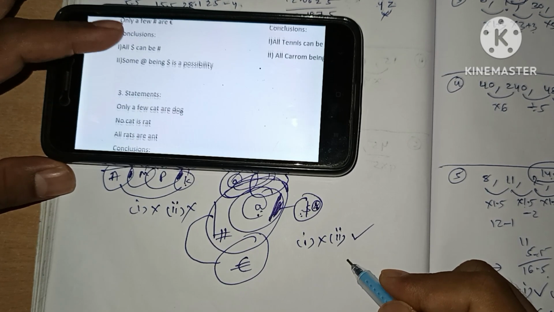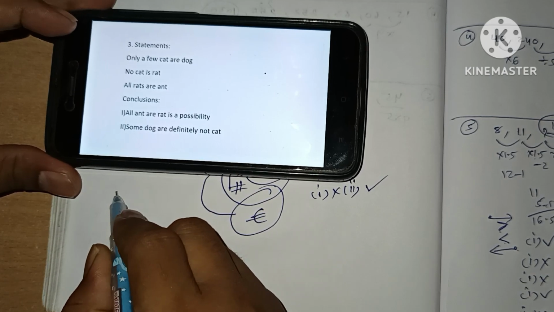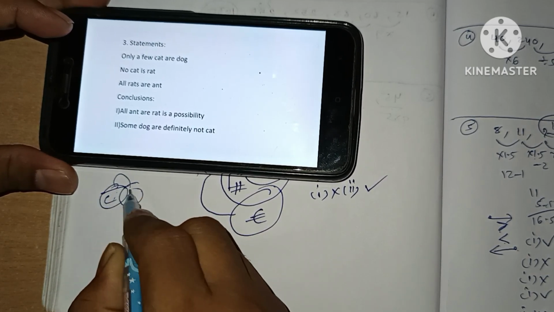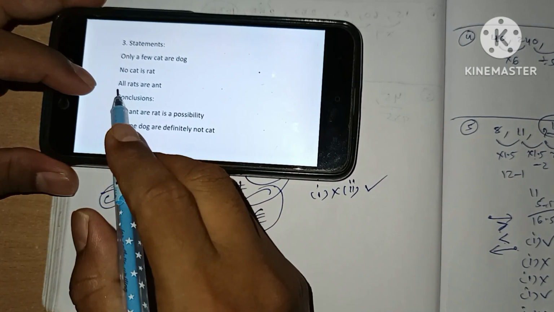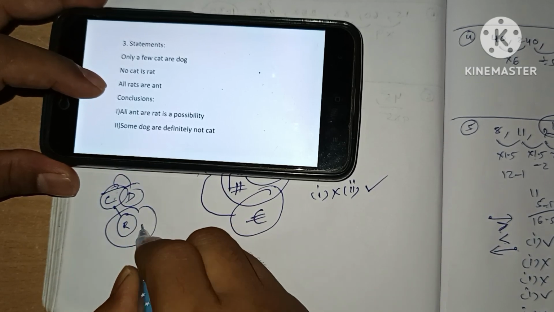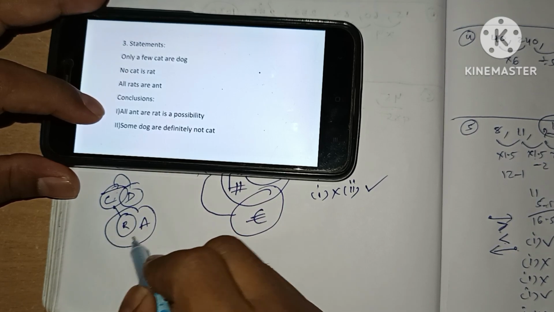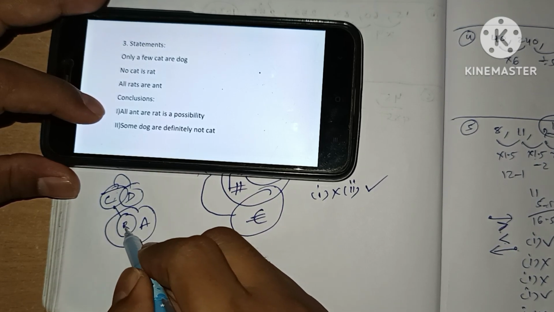Now we are going to see question number 3. Only a few cat are dog. No cat is rat. All rats are ant. Let's see conclusions. All ant being rat is a possibility. All ant can be placed inside rat.